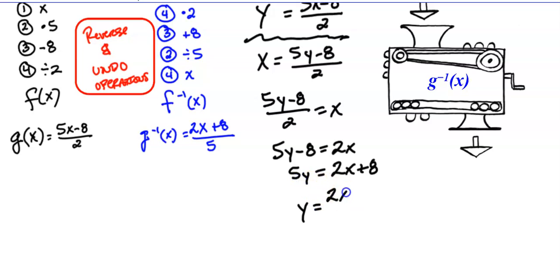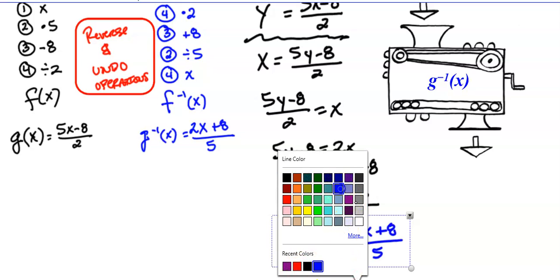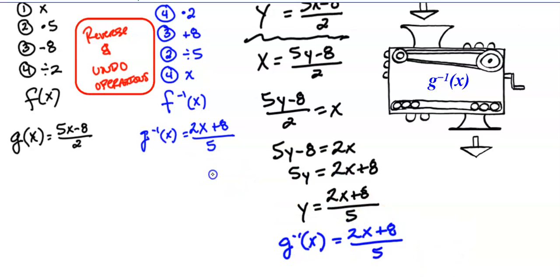So it divides out, and we have 2x plus 8, all of that over 5. And so the inverse of g is 2x plus 8 over 5. And that is the exact same thing that we had before. These two things are the same.